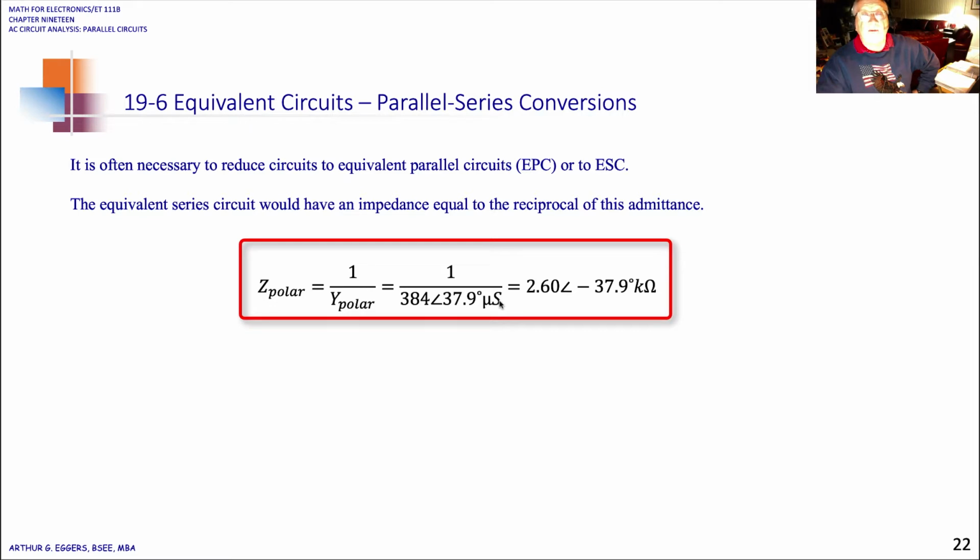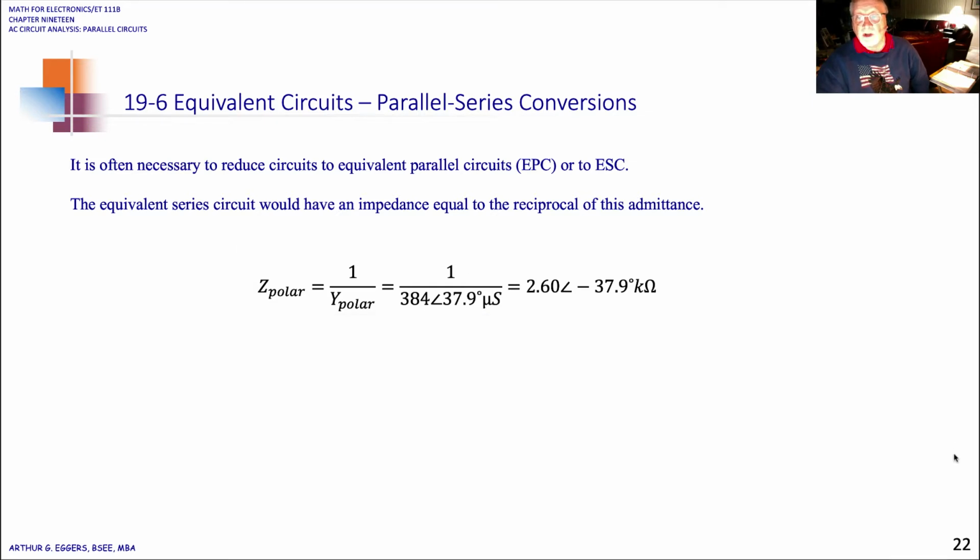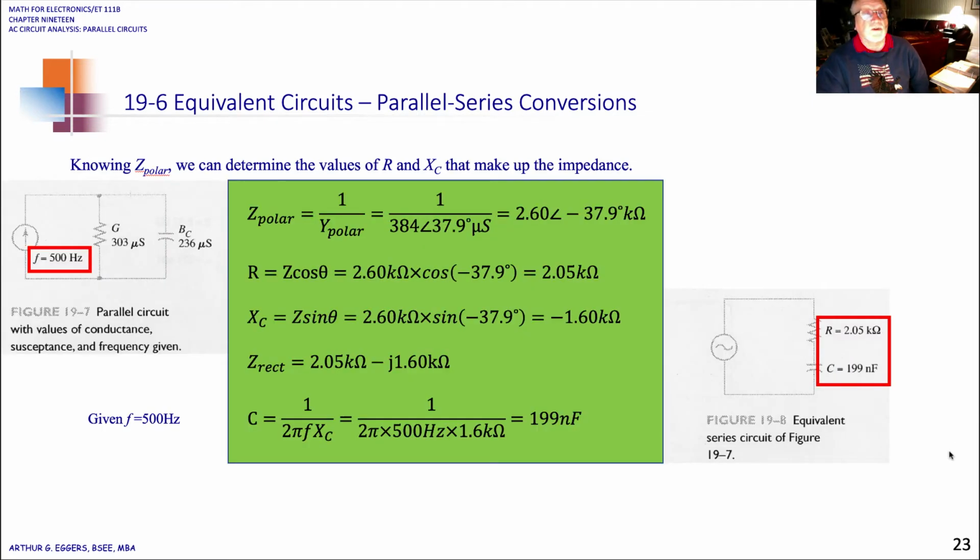That, as a reciprocal, becomes 2.6 at an angle of minus 37.9. I hope you're getting used to seeing that this is really 1 over 384. So if I divide 384 microsiemens into 1, I get 2.6 kilo ohms. The angle just changes sign when we move it from the denominator to the numerator.